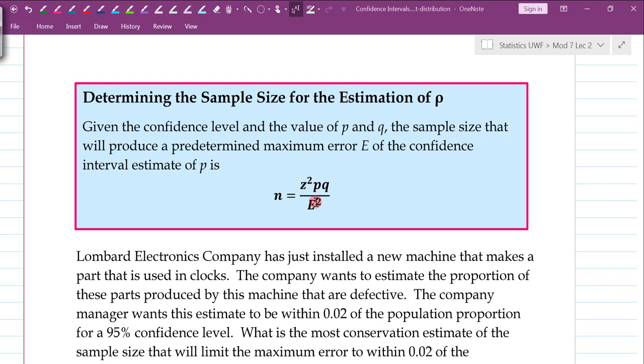Okay, so very similar to what we just did for estimating the sample size for our mean. Now we're going to be estimating the sample size necessary to meet certain requirements of our proportion.